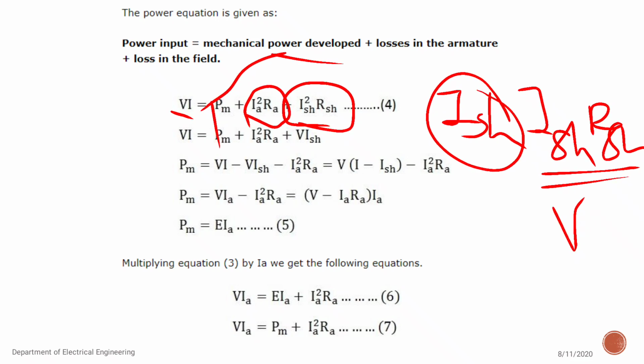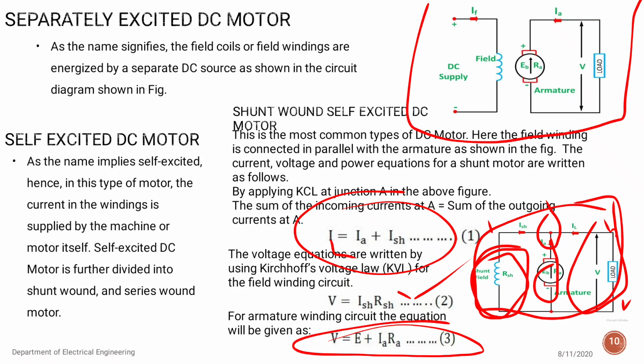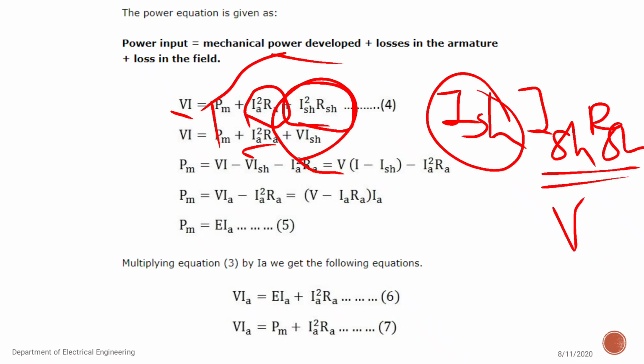PM as it is, Ia square Ra as it is, but we have substituted V ISH. Why is this coming? Because ISH square RSH is ISH into ISH RSH, and we know that ISH into RSH is equal to V, from equation 2. So we replace it in that case.